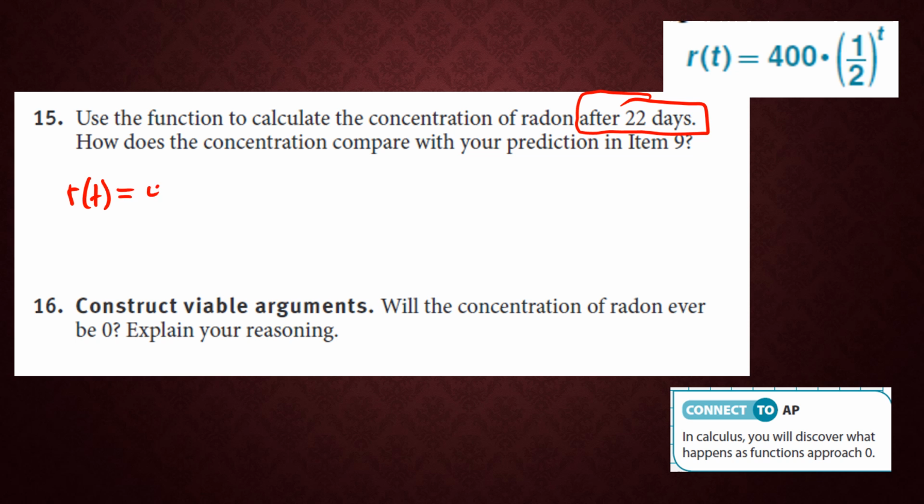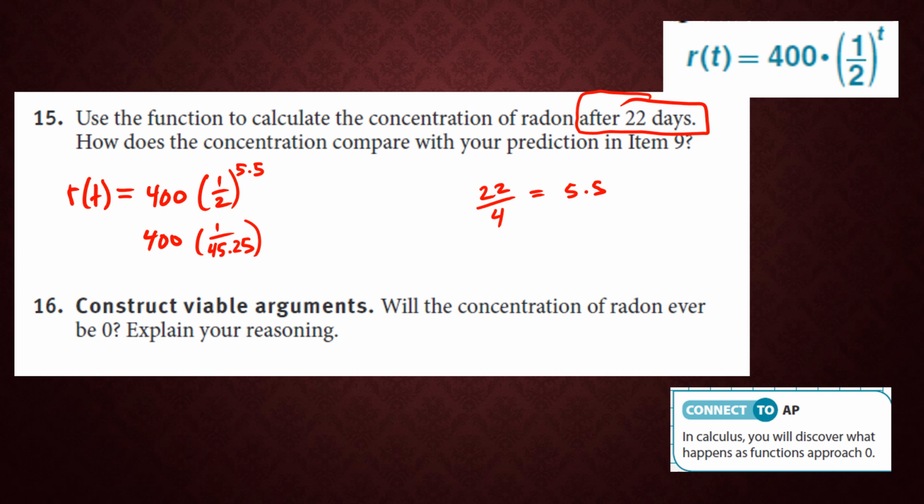It's going to be 400 for our starting amount times our growth factor of a half, to the 5.5 for my half-lives. If I've got 22 days and my half-life period is 4 days, then this is going to give me about 5.5 half-lives. So when I calculate this, 1 over 2 to the 5.5 power is about 45.25, now approximate because I'm rounding.